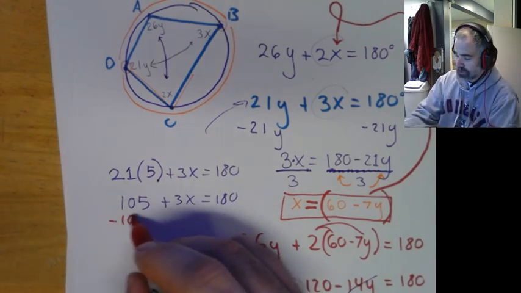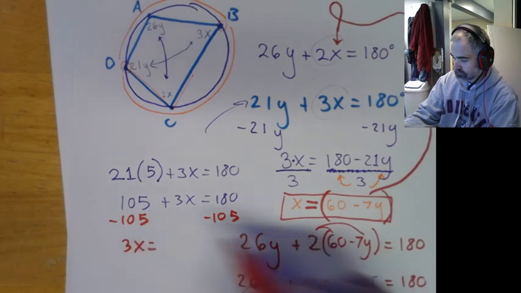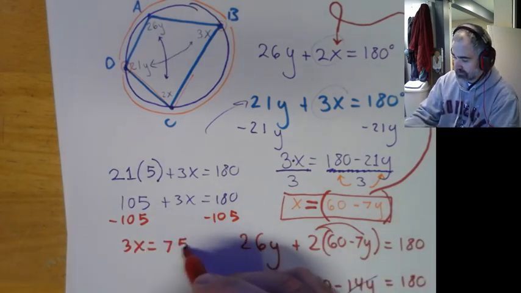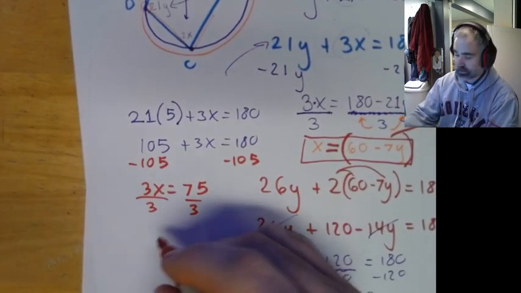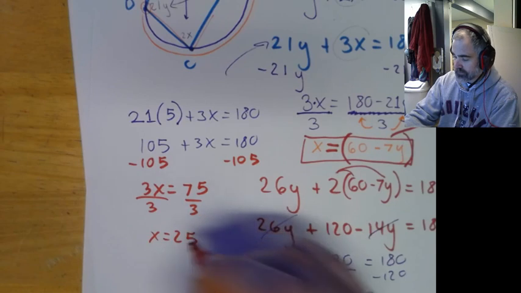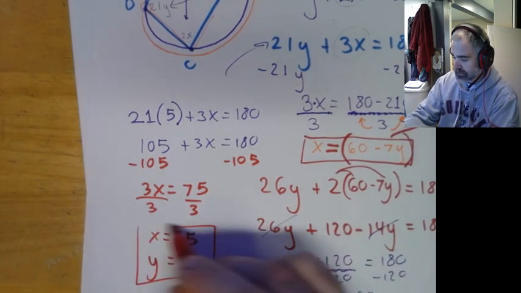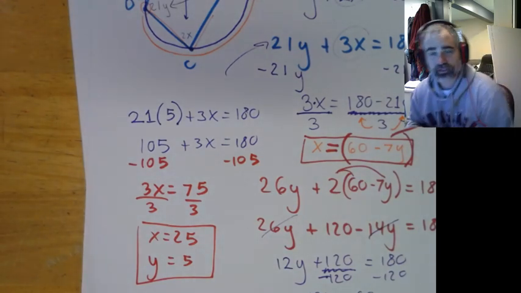You just subtract 105. So 180 minus 105 is 75. Divide by 3, and you get x equals 25. So I've got x equals 25 and y equals 5. So those are my variables. I know what they equal. I just have to plug them back in now to finish the question and get the answer.